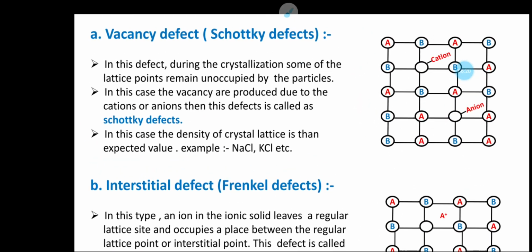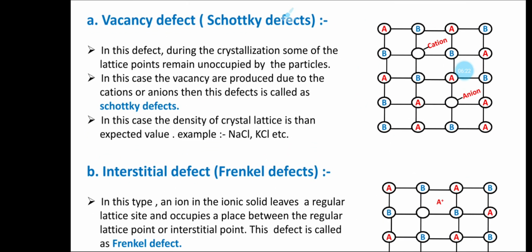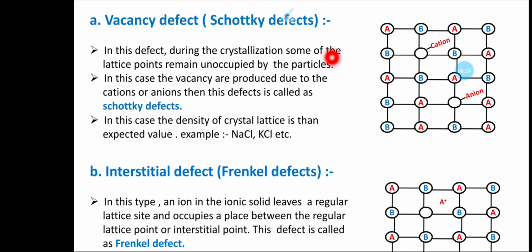So first is vacancy defect. This defect was described by the scientist Schottky, so we recognize it as a Schottky defect also. This defect is produced during crystallization. Some of the lattice points remain unoccupied or vacant by the particle.